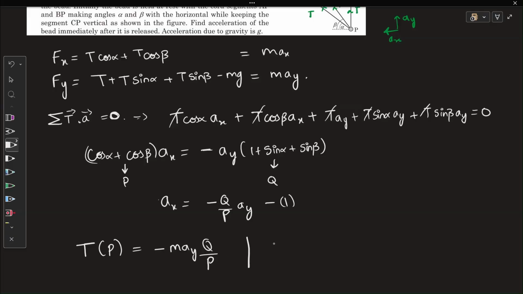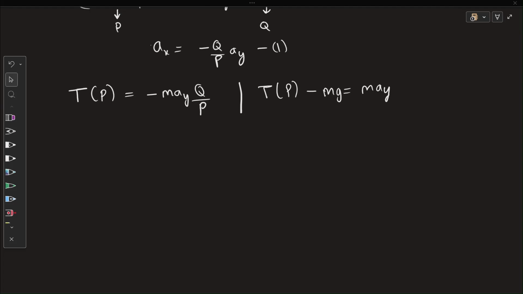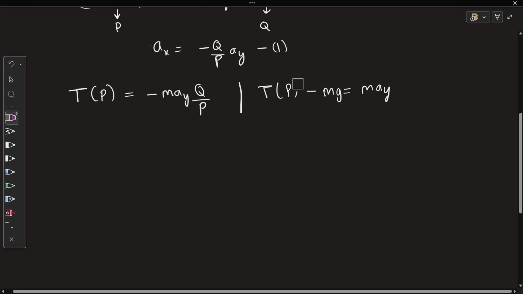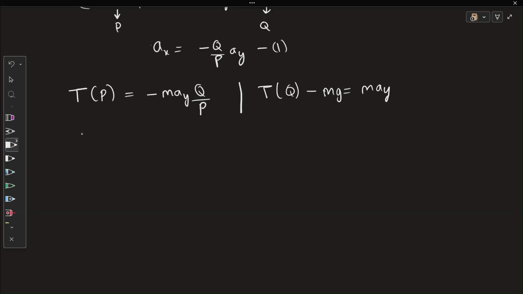And what is the next equation? T into q minus mg is equal to m ay. So what I get is T p square by q is equal to minus m ay.